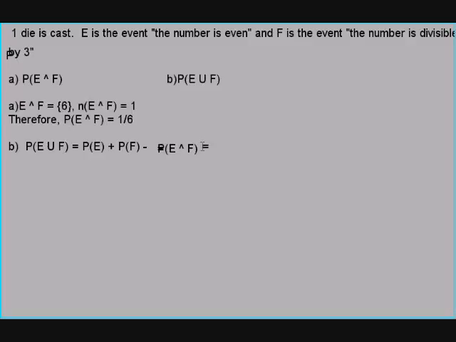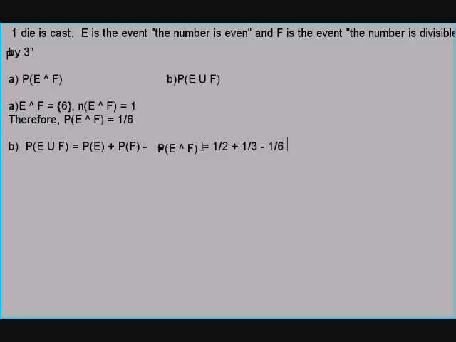So anyway, this equals the probability of E. The event E is even, 2, 4, 6. There's 3 elements in E, so the probability of the event E is a half. Plus the probability of the event F: the elements of F are 3 and 6, so there's 2 out of 6, which is a third. Minus the probability of E intersect F we just did, 1/6.